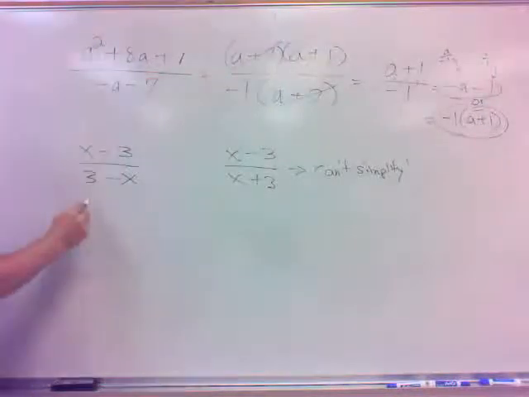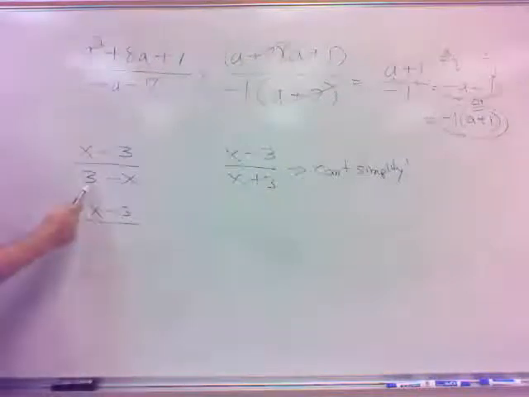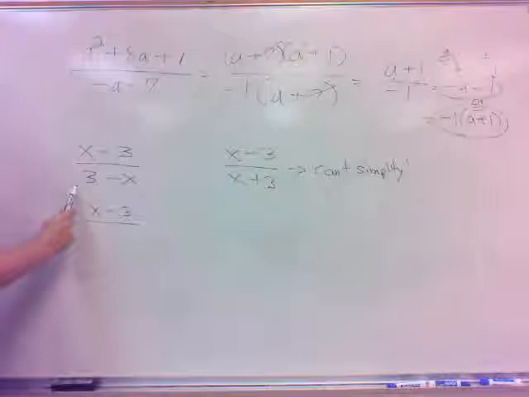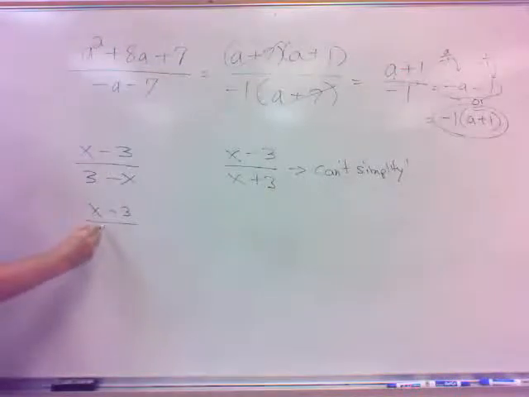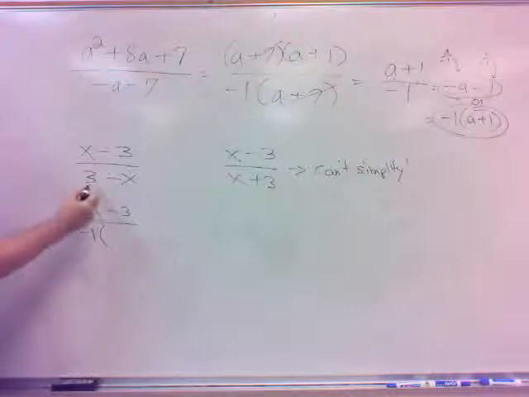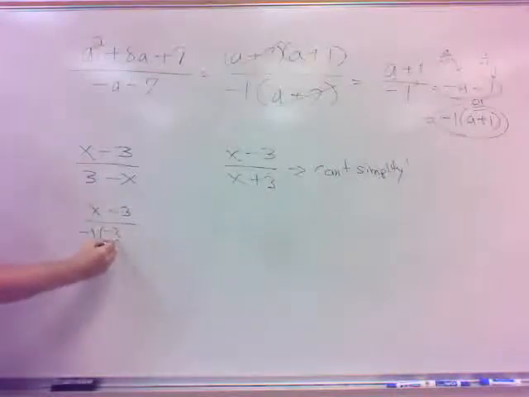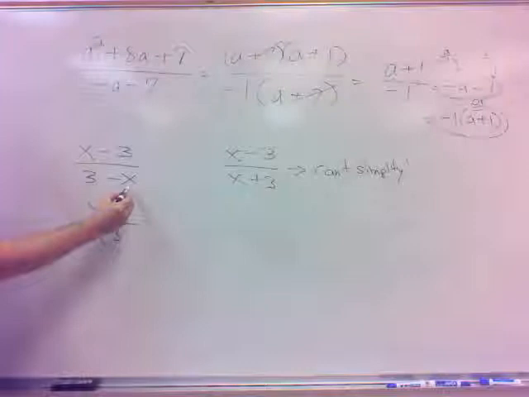If I think about here, kind of what we did on the top one there, if I take this bottom and factor off a negative 1, just like we did with the bottom up there, factor off that minus 1, what that'll do here is change that to minus 3 and that to plus x, right?